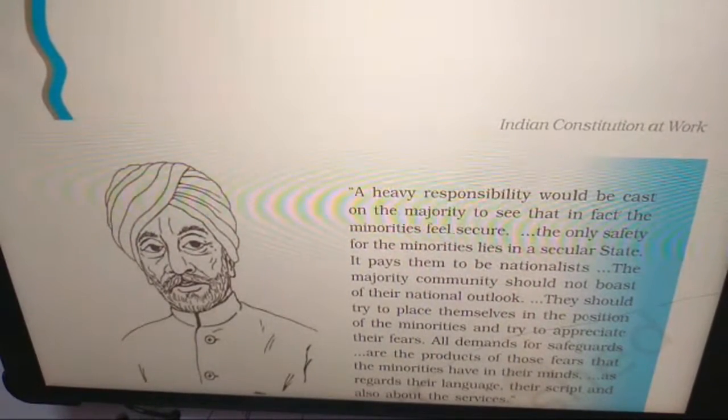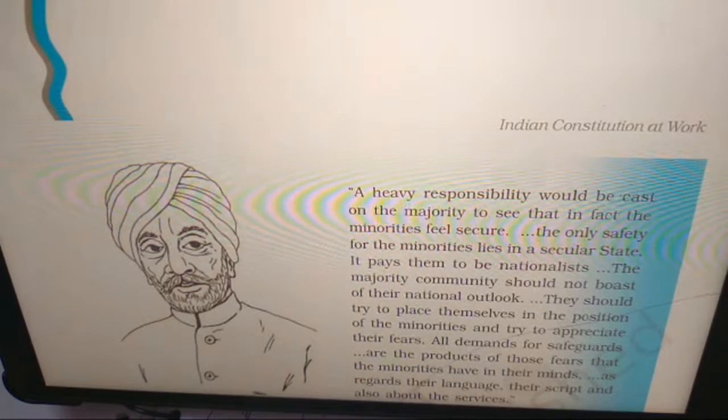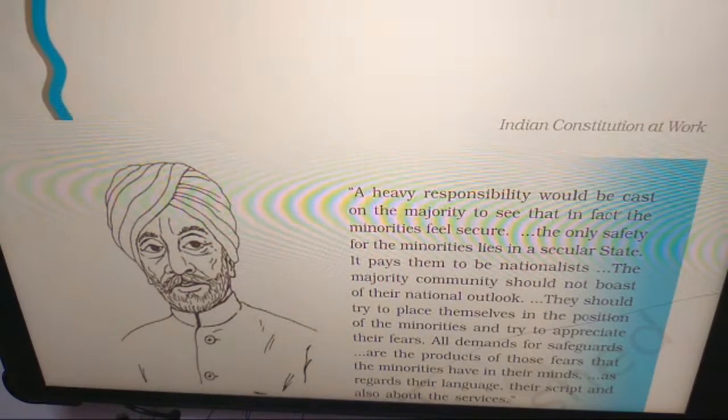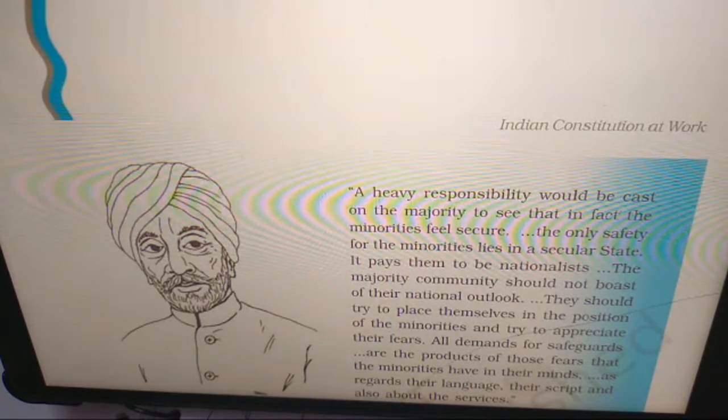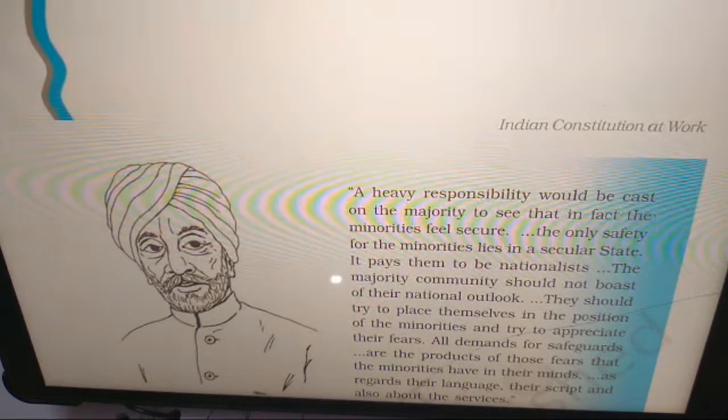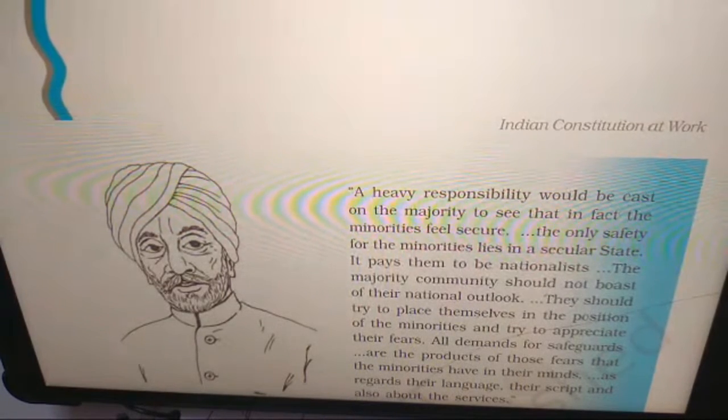A heavy responsibility would be cast on the majority to see that, in fact, the minorities feel secure. The only safety for the minorities lies in a secular state. It pays them to be nationalist. The majority community should not boast of their national outlook.